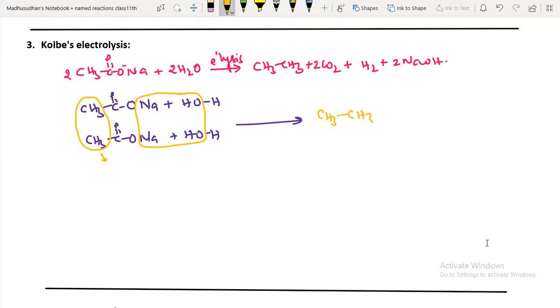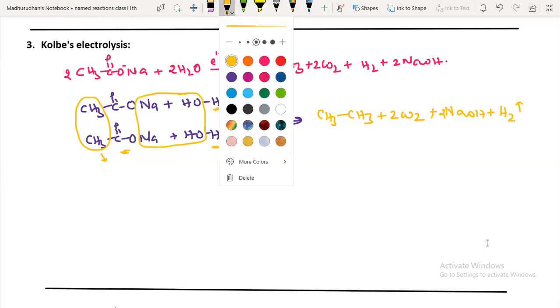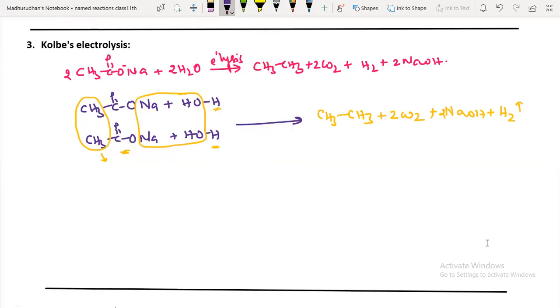A new carbon-carbon bond is formed, isn't it? And in the middle, what is the product? 2 moles of carbon dioxide. And on this side, sodium hydroxide, 2 moles. And this one hydrogen. In total it is 1 mole of hydrogen molecule. And for the products formed here, you have to represent cathode and anode.